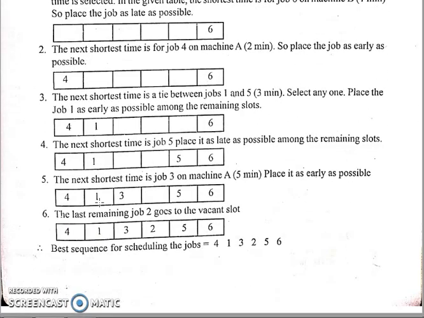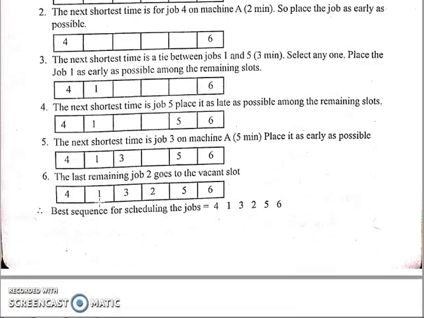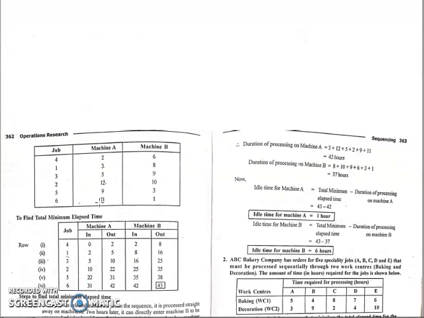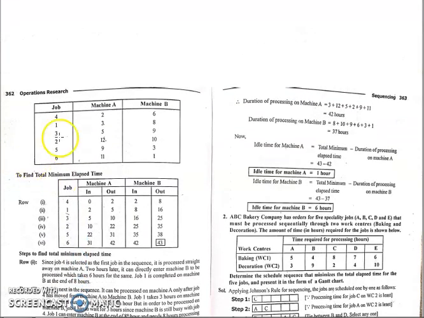So this is going to be the best sequence possible now. That is 4, 1, 3, 2, 5, 6. After finding the sequence, just tabulate like this. That is 4, 1, 3, 2, 5, 6. And that particular job, what is the time? Again, you just modify these 2 columns. Okay.